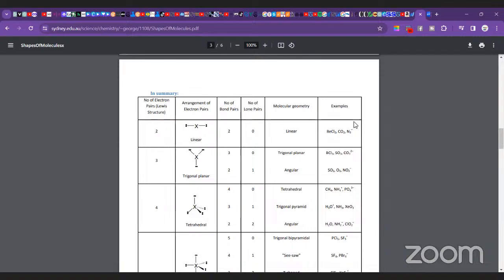So what shape is that? Even though it says angular here, some books will say bent and some will say different things. In this particular case, angular means bent. Some chemistry books will say angular, some will say bent, but angular is the same thing as bent.